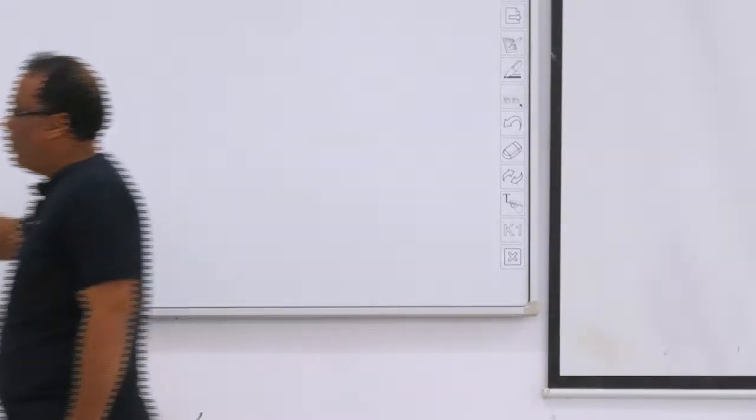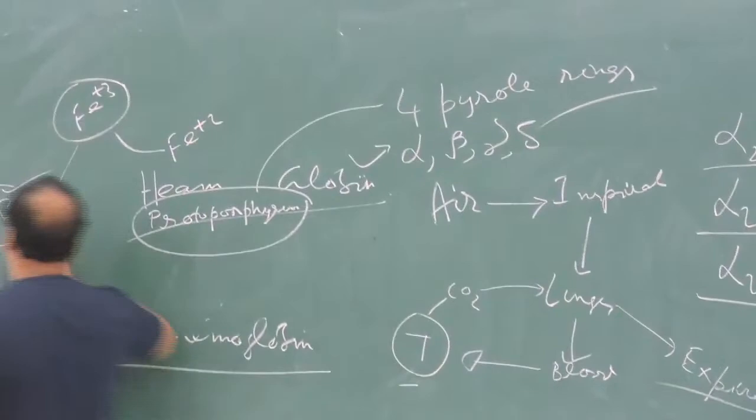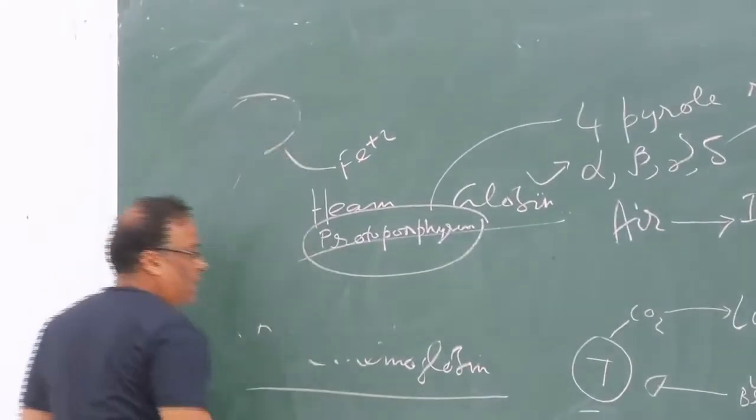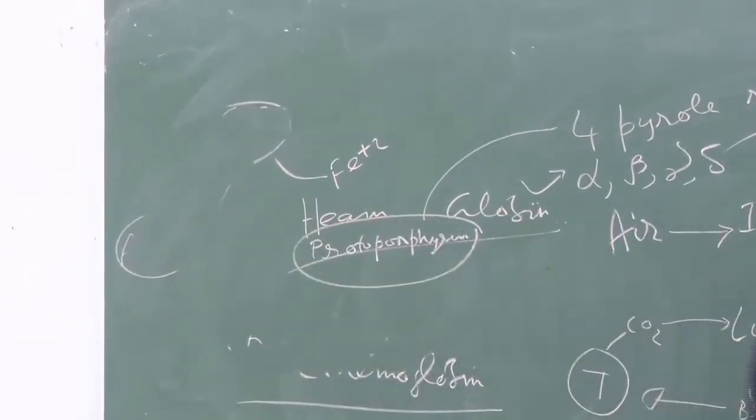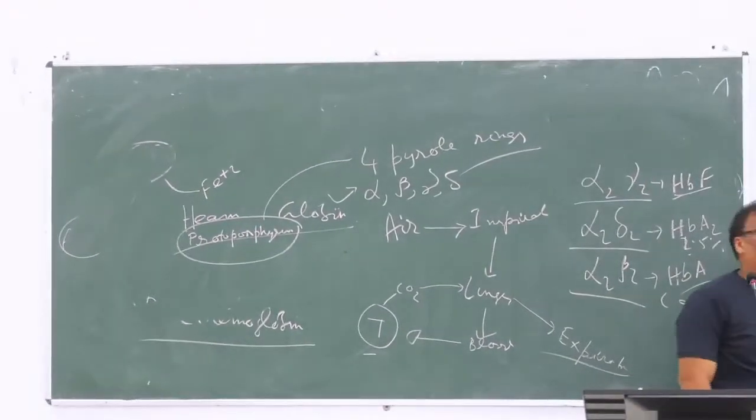So these are globin, and this is called heme, right? So methemoglobin, hemoglobin, and one term is also in my mind, that is myoglobin.